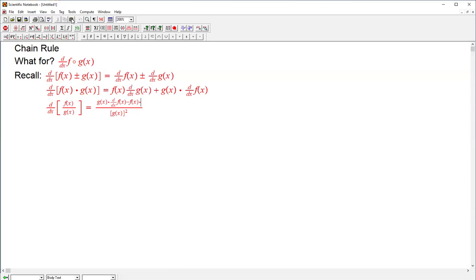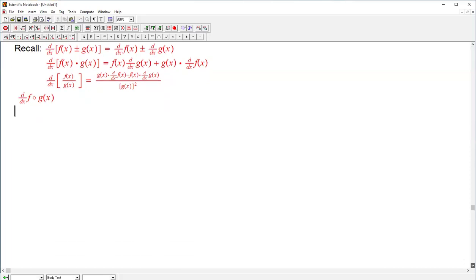So now let's look at the derivative by chain rule. Okay, hold on, let me make some more space here. It looks like this: the derivative of f of g of x. So we have two layers. So how do we find the derivative of f of g of x?